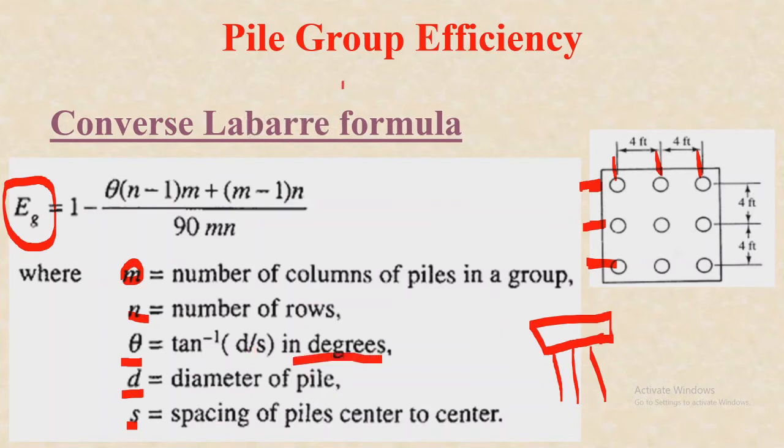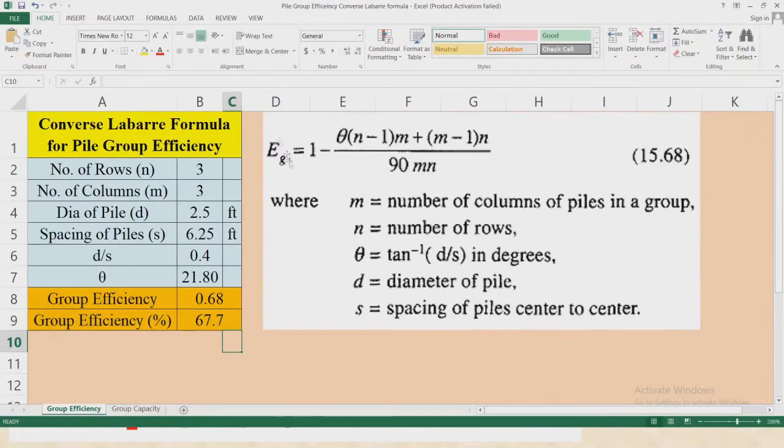Now let us perform some calculations in Excel. I have designed a very simple Excel calculator for this particular case. As you can see, the number of rows in our case is 3. The number of columns is again 3. The diameter of the pile, let us assume, is 2.5.